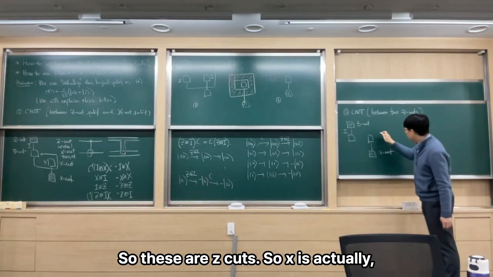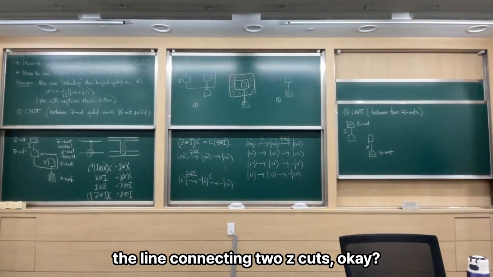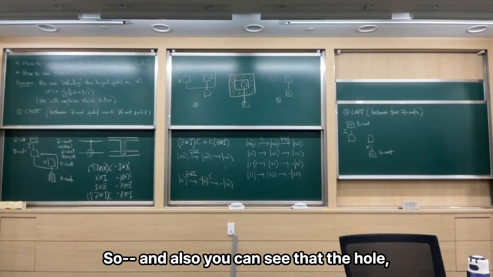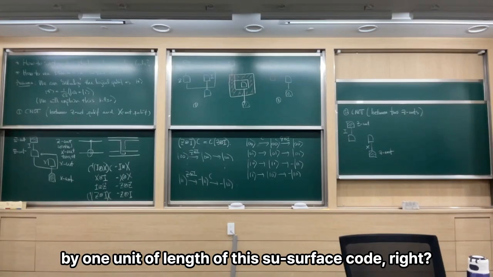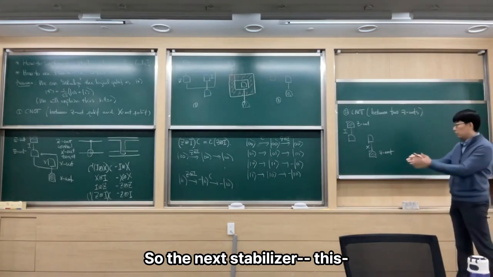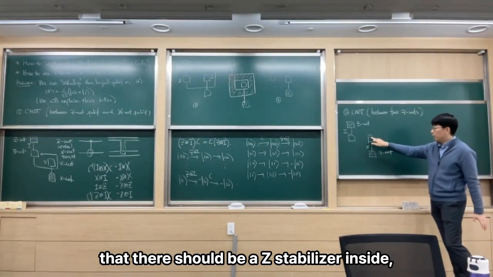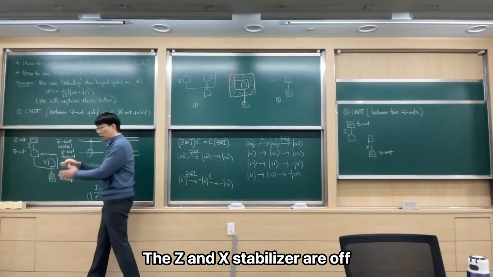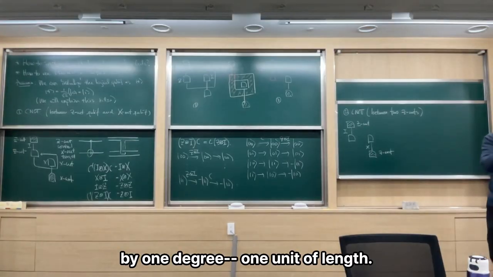So X is actually the line connecting 2 Z cuts. So it's a bit changed. Also, the location of the hole is off by 1 unit of length of this surface code. A Z cut means there should be a Z stabilizer inside, but an X cut means it has to be an X stabilizer inside, and those are off by 1 unit of length.